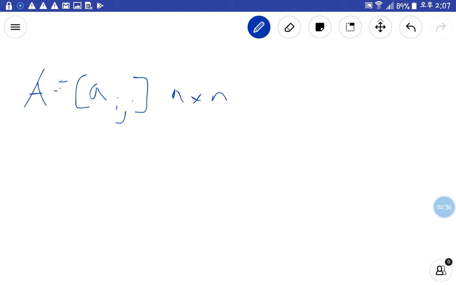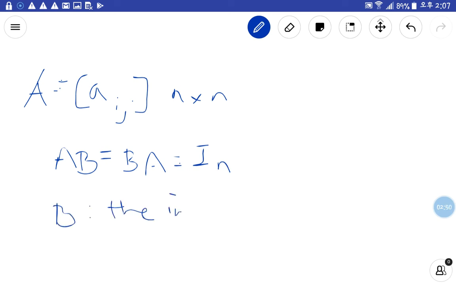And if there is a matrix B such that AB equals BA equals I, then I can say B is the inverse of matrix A. Then it can be denoted as B equals A to the negative 1. This negative 1, we don't really read as negative 1, right? That's just the symbol, but we can read it as A inverse.